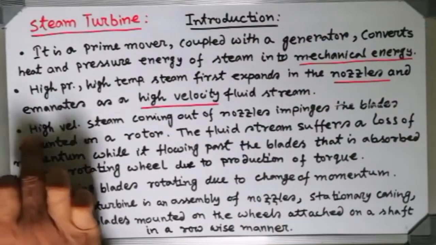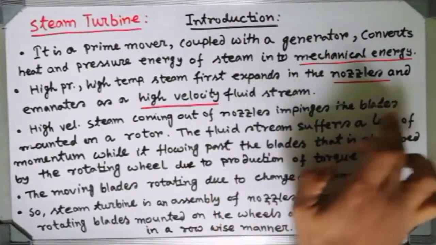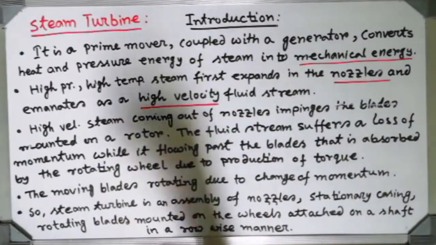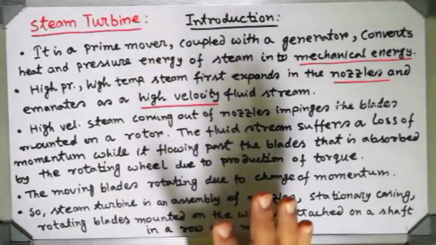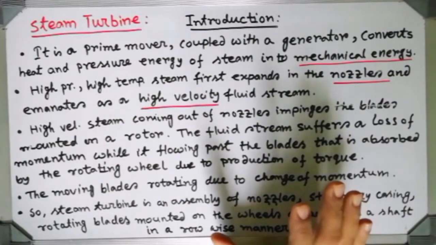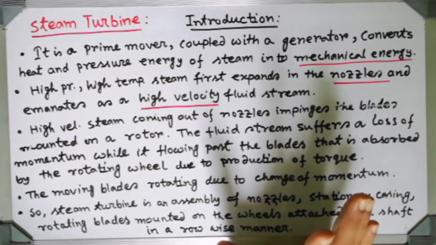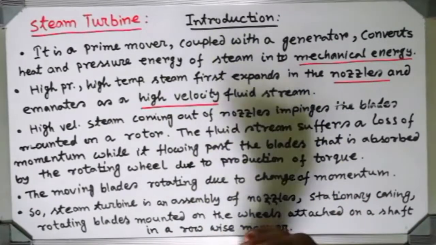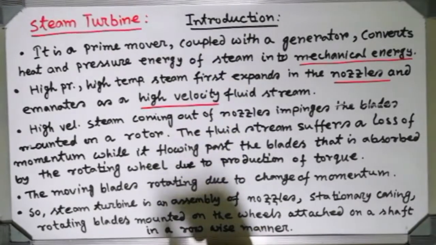Third point I have written: high velocity steam coming out of the nozzles impinges on the blades mounted on a rotor. Rotor means, suppose you can imagine the steam turbine as a device like your ceiling fan or table fan. It is not exactly like that, the construction is much more complicated, but you can assume it in a miniature version like this.